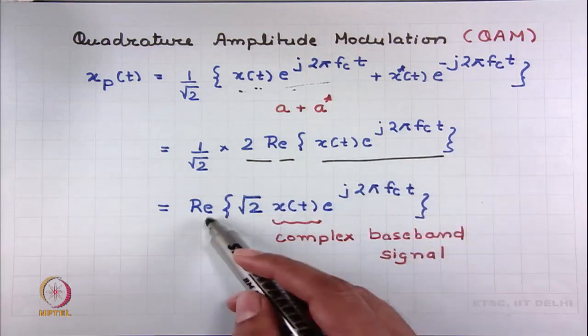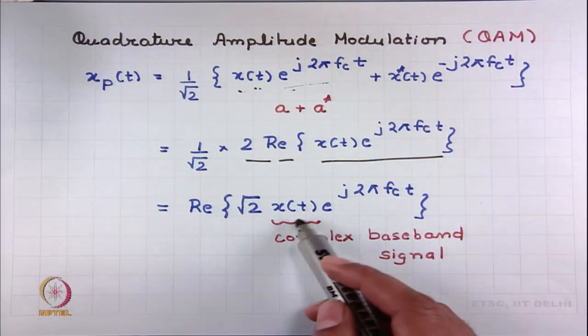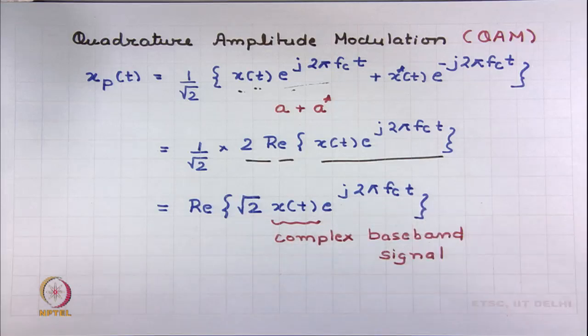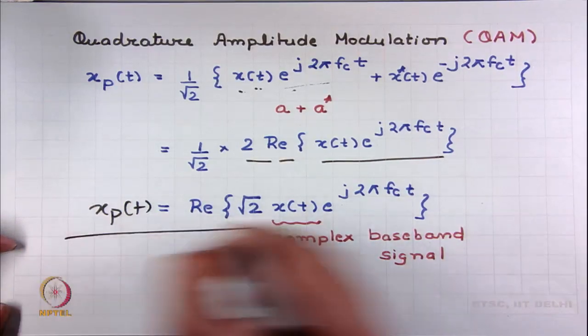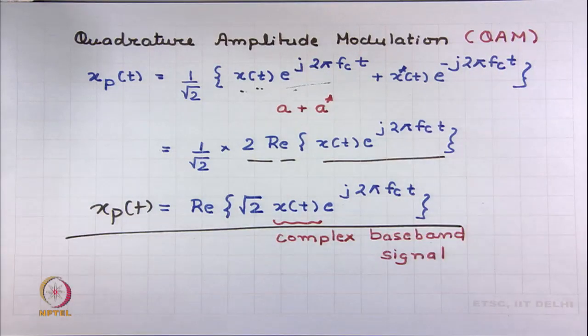So, from this we get 2 times the real part of this quantity, and this can be arranged as the real part of root 2 times x(t) e^(j2πf_c t). And when we discussed the passband to baseband conversion, actually this is the equation that we used, because this is the most important way of conversion of baseband signal to passband signal, because that is using the ideas behind quadrature amplitude modulation.